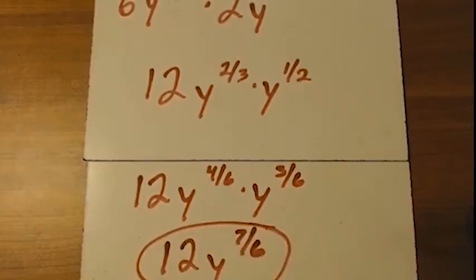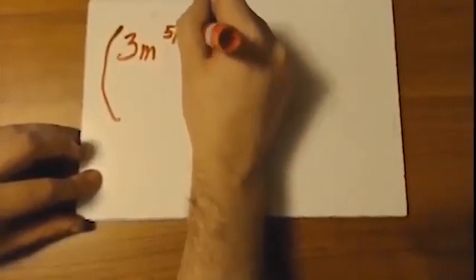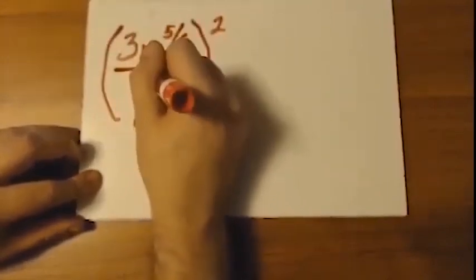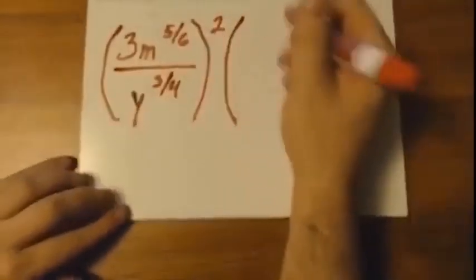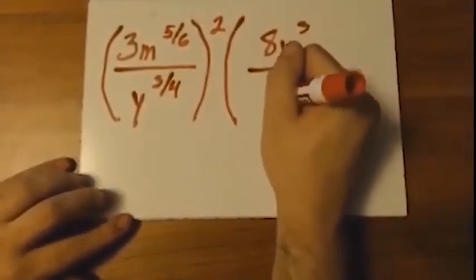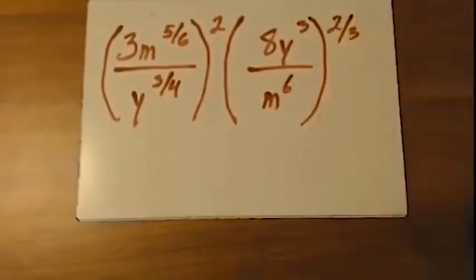D. Three m to the 5/6 over y to the 3/4 all squared, times eight y cubed over m to the 6th, and this is all to the 2/3.